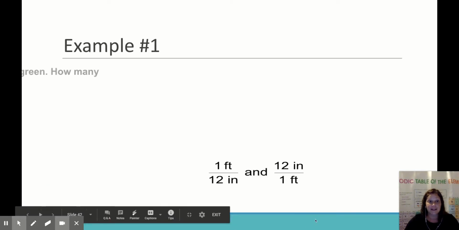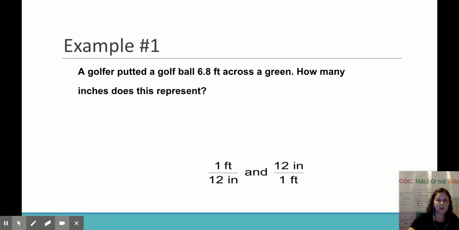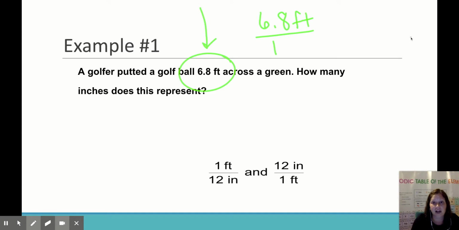So for example, if we want to take something in terms of feet and we want to represent it in inches, our golf ball went 6.8 feet across the green, and we want to know how many inches this represents. 6.8 feet is our original amount. We are always going to take that amount with its unit and put it as a fraction over 1.